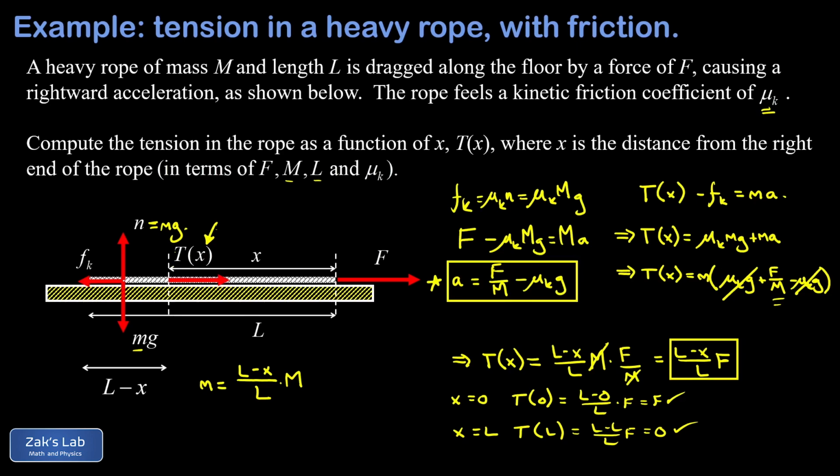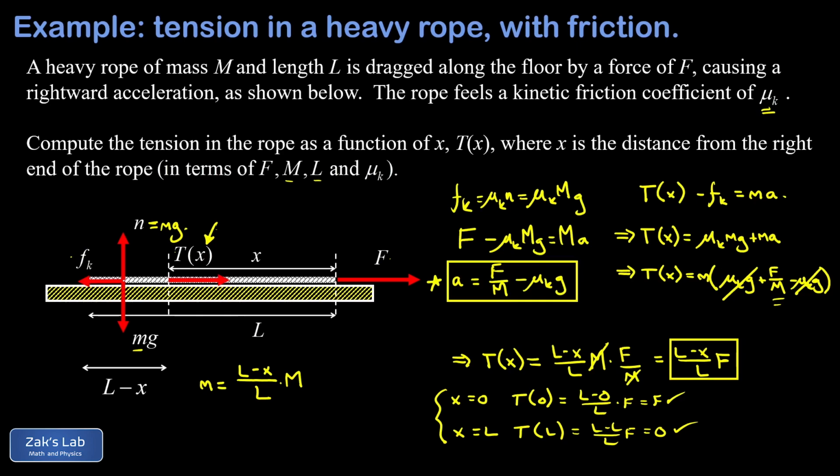So that's the first point, basically trying to argue that it's plausible that this works out perfectly. Now I think the second point is a little more specific and convincing. And the second point is these two limiting cases should definitely be true. That the tension is equal to big F at the right end of the rope and the tension is equal to 0 at the left end of the rope.